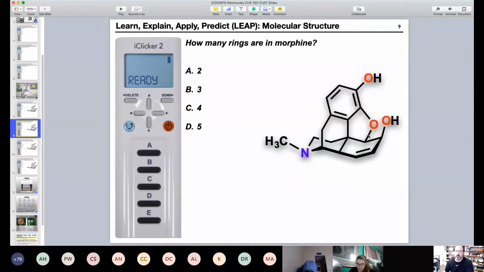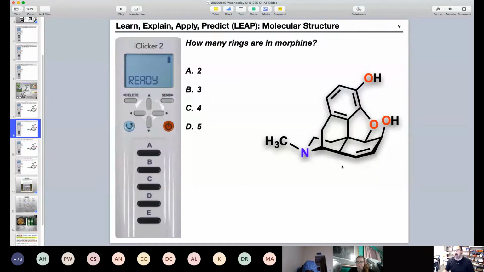This substance, which we said was morphine, you pop a pill, and if you have pain, that pain is relieved. We won't talk too much about it in this class, but think about the complexity of what's going on. When you take that pill, it goes down your gut, is metabolized, and is distributed over your body, dulling the pain.